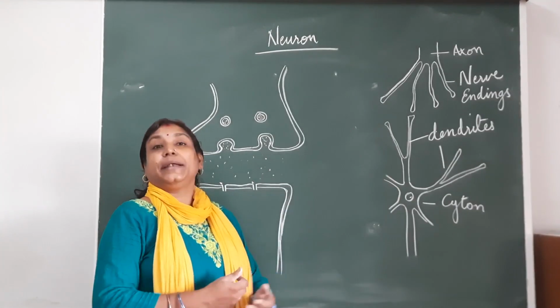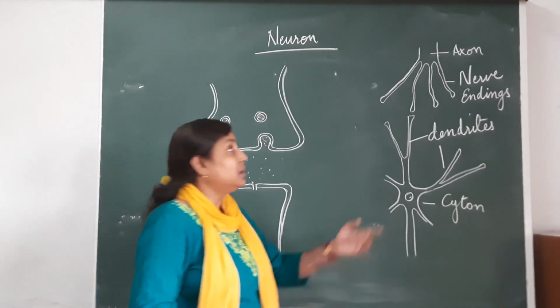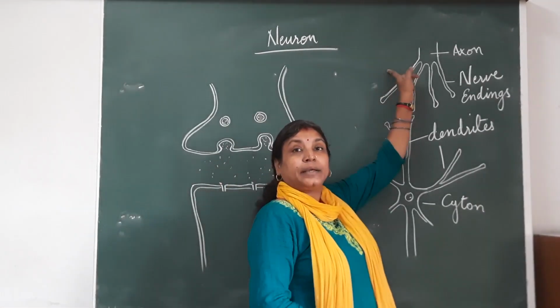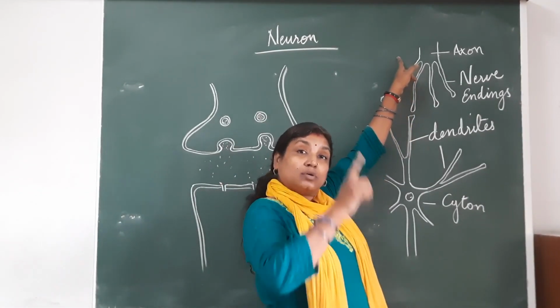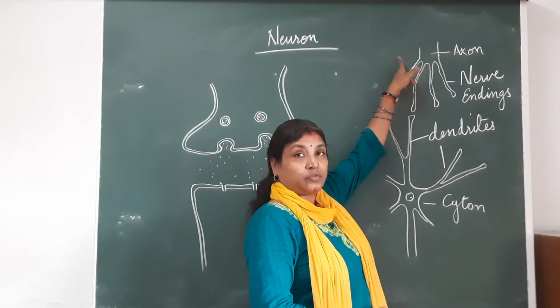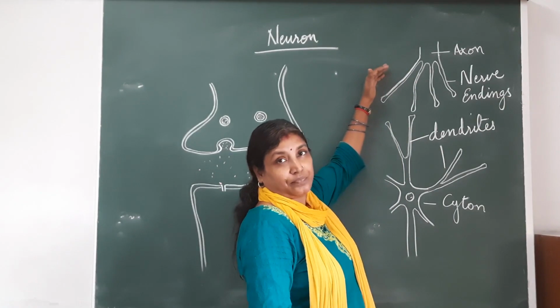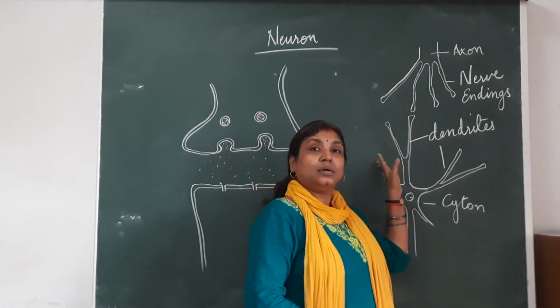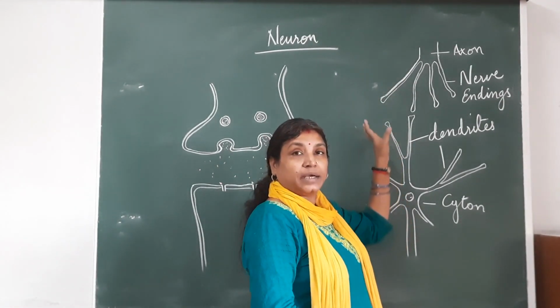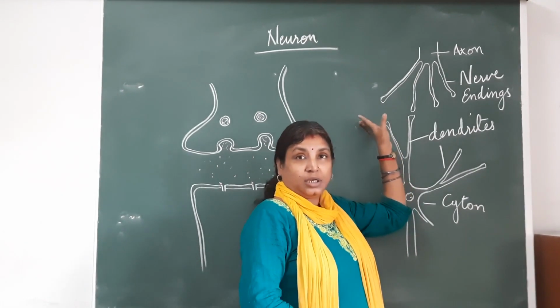Now at the terminal ending what happens? This is your terminal ending or your nerve ending of the previous neuron which has collected the message and brought it up to here. There is another neuron in connection with the terminal ending.